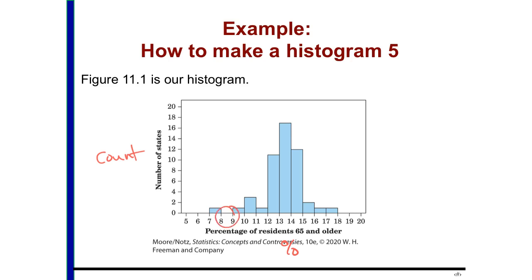That meant that there were no states that had between 8 and 9% of their residents who were 65 and older. So no states were in that range. You can see where most of the states were, up here in this column between 13 and 13.9%. That had the most states in that category.